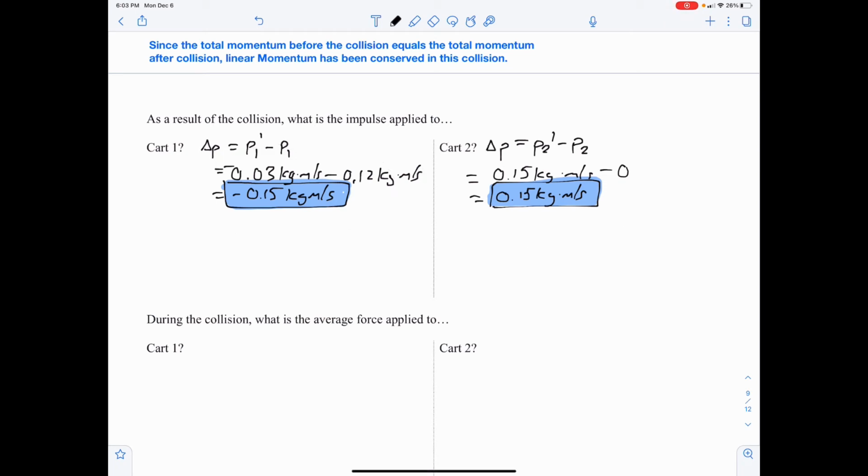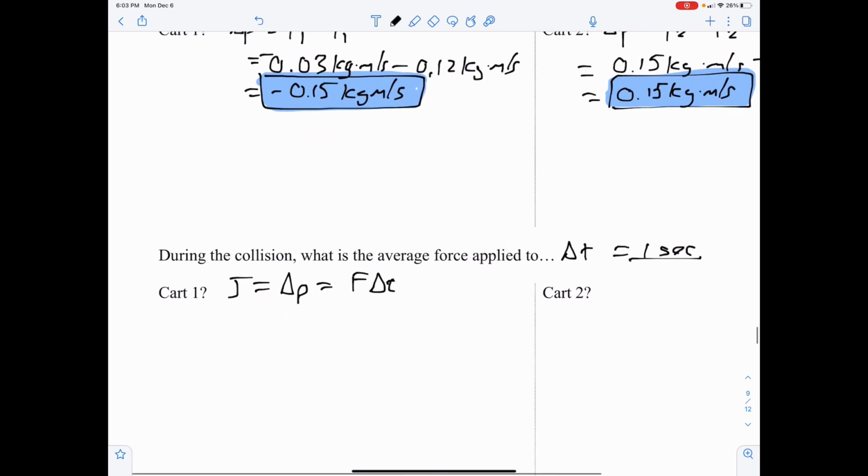During the collision, what is the average force applied to each cart? And you can see the time interval, the delta t, is 1 second. Remember, the collision occurs between 2 and 3 seconds. So it's 1 second for the collision. And so if J is the impulse, and F delta t is the same as change in momentum, then force is equal to the change in momentum over delta t.